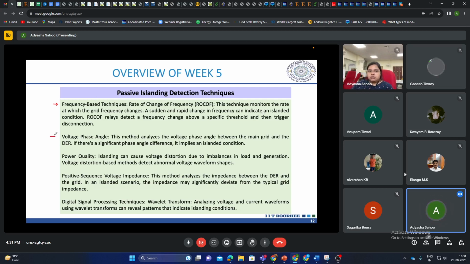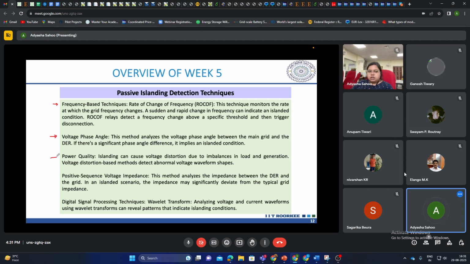Similarly, for voltage phase angle, instead of frequency, now we'll be monitoring the voltage phase angle between the grid and the distributed generator. Whenever there is a significant difference in phase angle, it will imply an islanded condition.